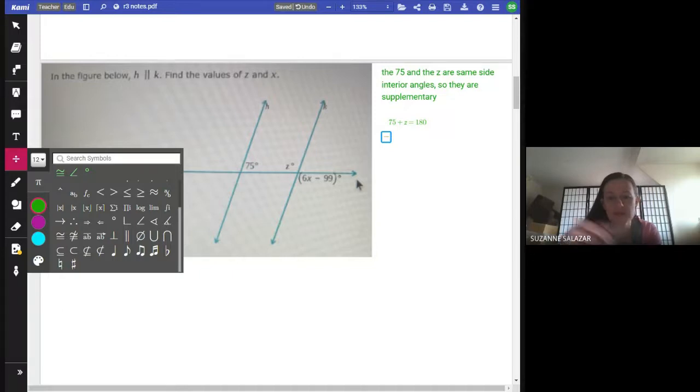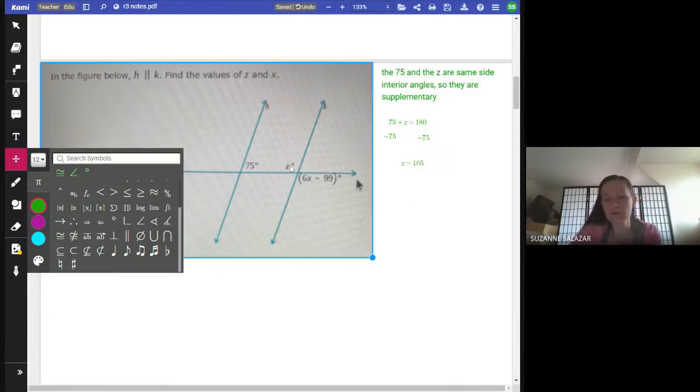I said I was going to stop using Christmas colors, and I'm back to green, because the text box is still on green. Z equals 105. So that's the easy one.